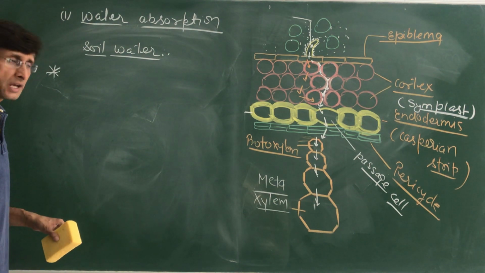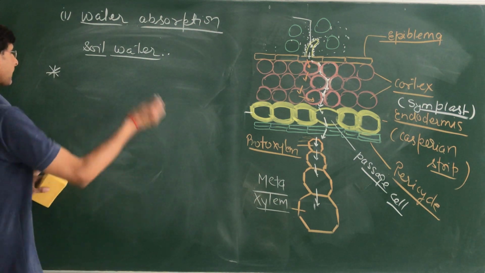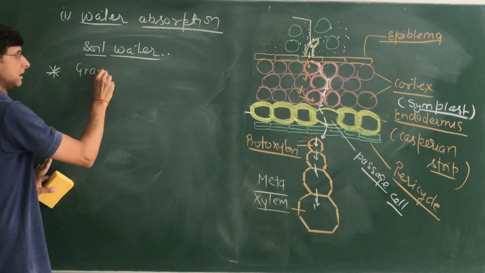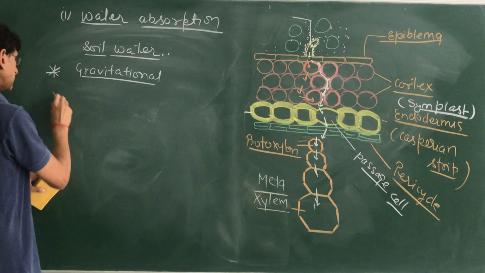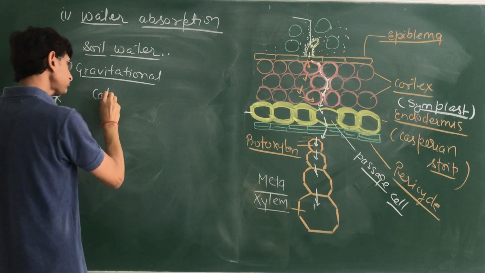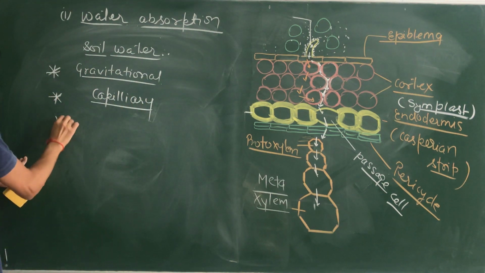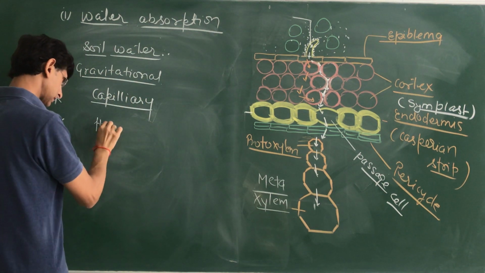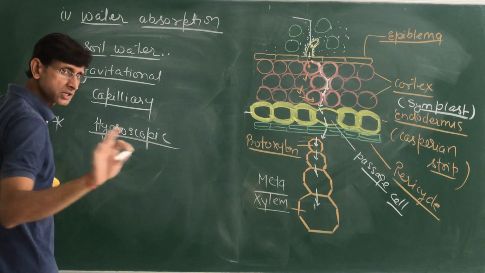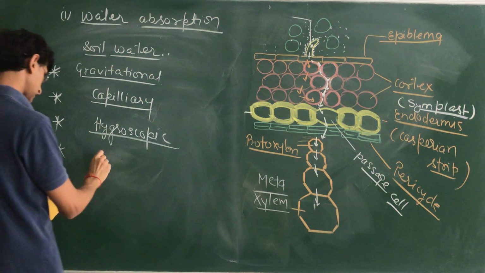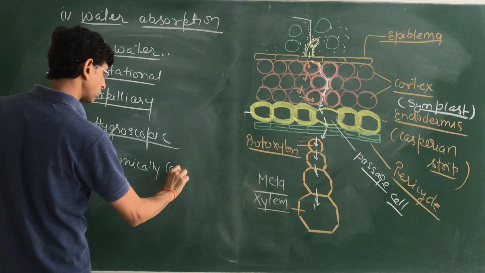But soil water can be categorized into different types. It can be gravitational water, capillary water, hygroscopic water, or chemically combined water.